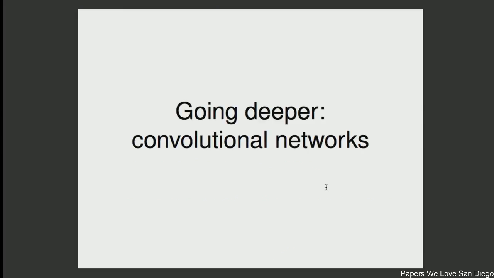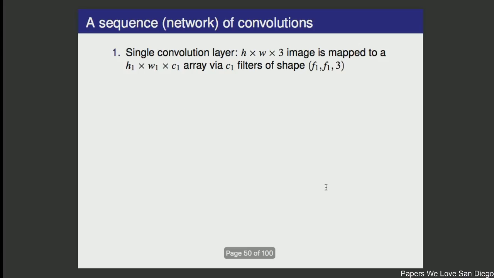We use convolutional networks. What we're going to do is apply a sequence of convolutions. So let's just figure out what convolution does. If we start with a height by width by 3 image, right, 3 color channels, and apply C1 filters to it, we'll get an output of a certain size in height and width, but since we used C1 filters, we'll have a total of C1 new arrays.